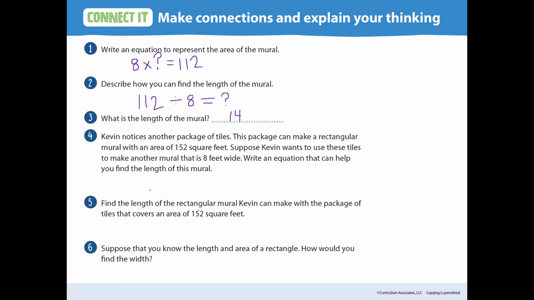All right, so if we know that our equation is that the area equals length times width, then to write the equation here, we know that the total area is 152 square feet. And we know that the width is 8 feet wide. So we can say that 8 times some length equals 152.